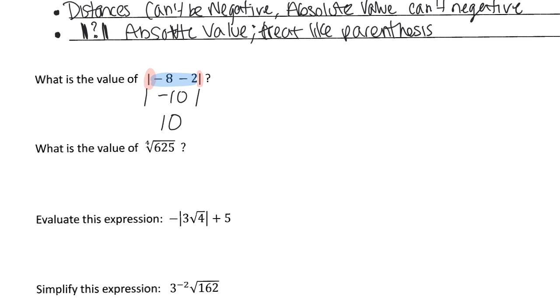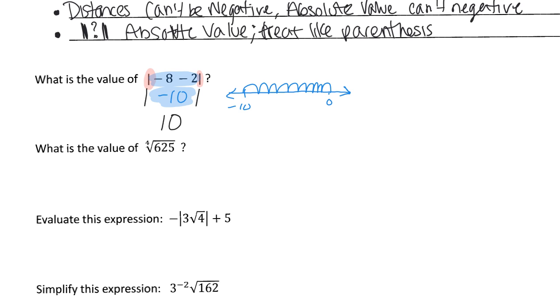We have to simplify what's inside the absolute values first, which is how we get -10. And if you really need to see it, you can draw a number line. We go from -10 to 0, and it's 1, 2, 3, 4, 5, 6, 7, 8, 9, 10 places away if you were to draw all the numbers.